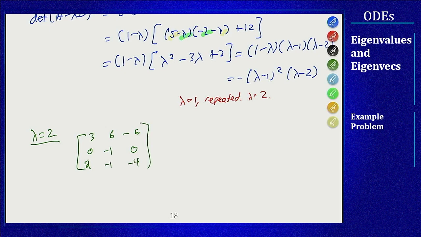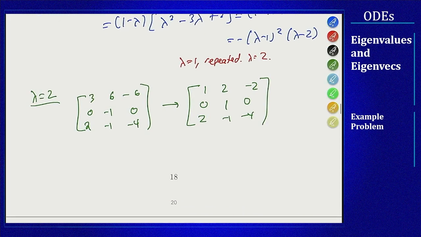We now want to row reduce this, so I'm going to divide the first row by 3 and the second row by negative 1. 1, 2, minus 2, 0, 1, 0, 2, minus 1, minus 4. We are then going to reduce this by row 3 is row 3 minus 2 row 1. First two rows stay the same, and what's left is 2 minus 2 is 0, negative 1 minus 4 is minus 5, negative 4 plus 4 is 0.